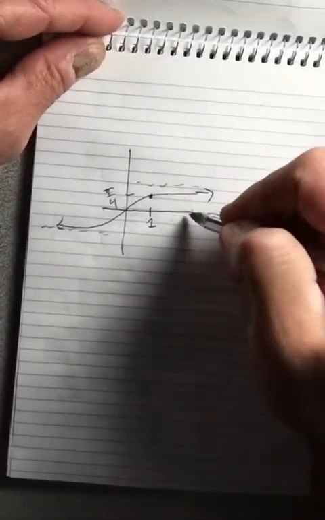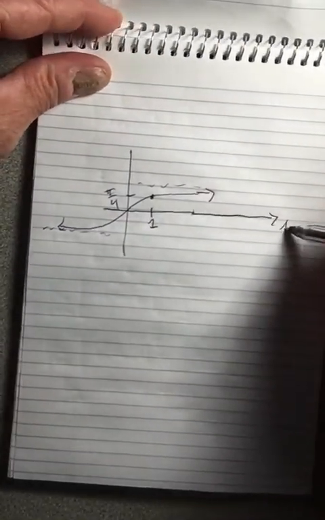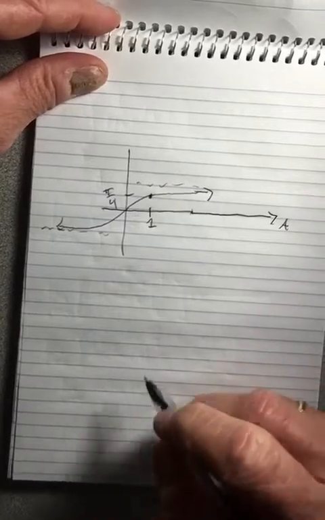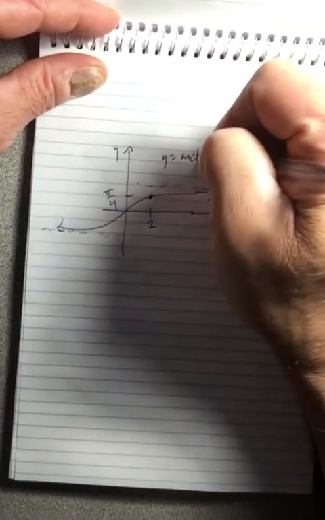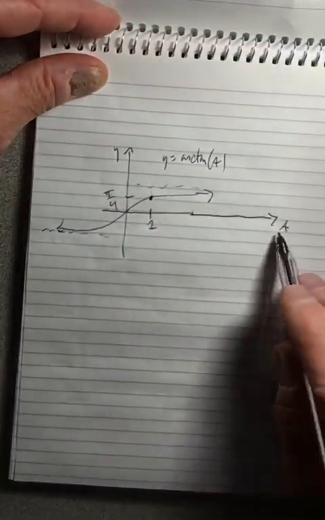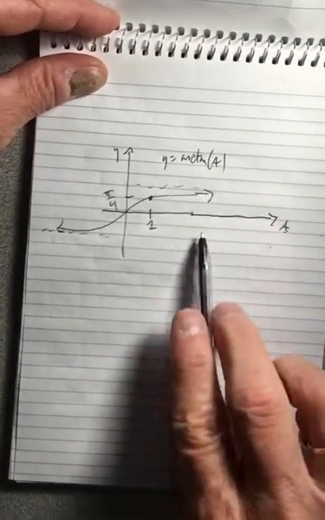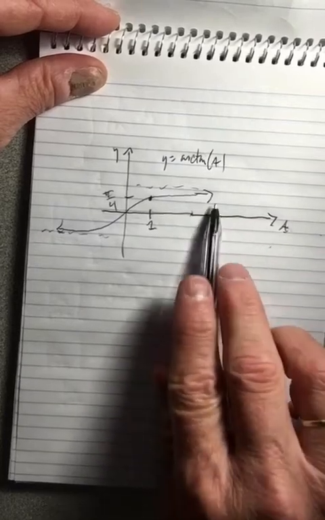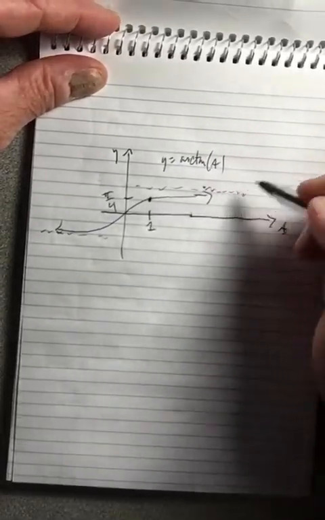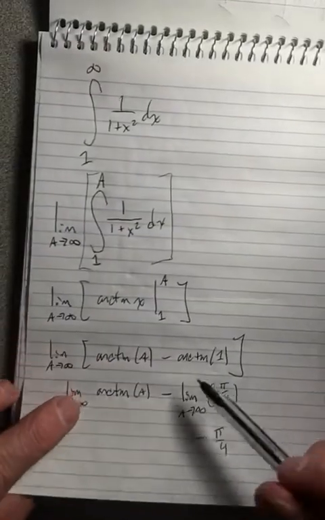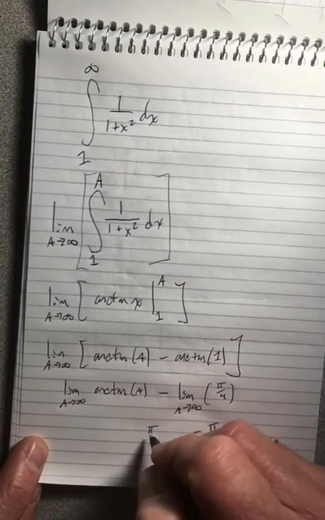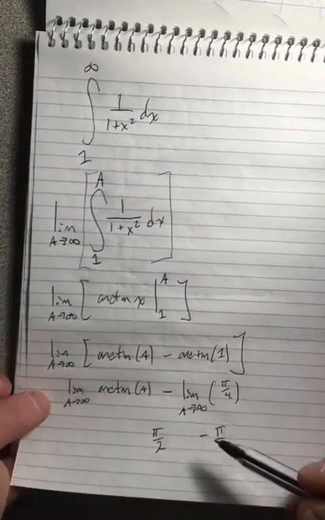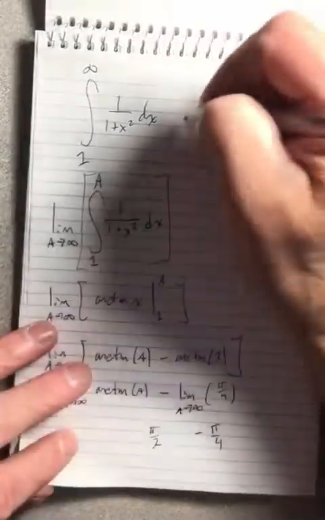Here's our input axis, where our variable is a, and here's our output axis, where our function is arctan of a. What happens to the outputs as the inputs get infinitely large? They're approaching this asymptote up here, which is pi halves. So this limit is headed towards pi halves, and we get pi halves minus pi fourths, which of course is pi fourths.